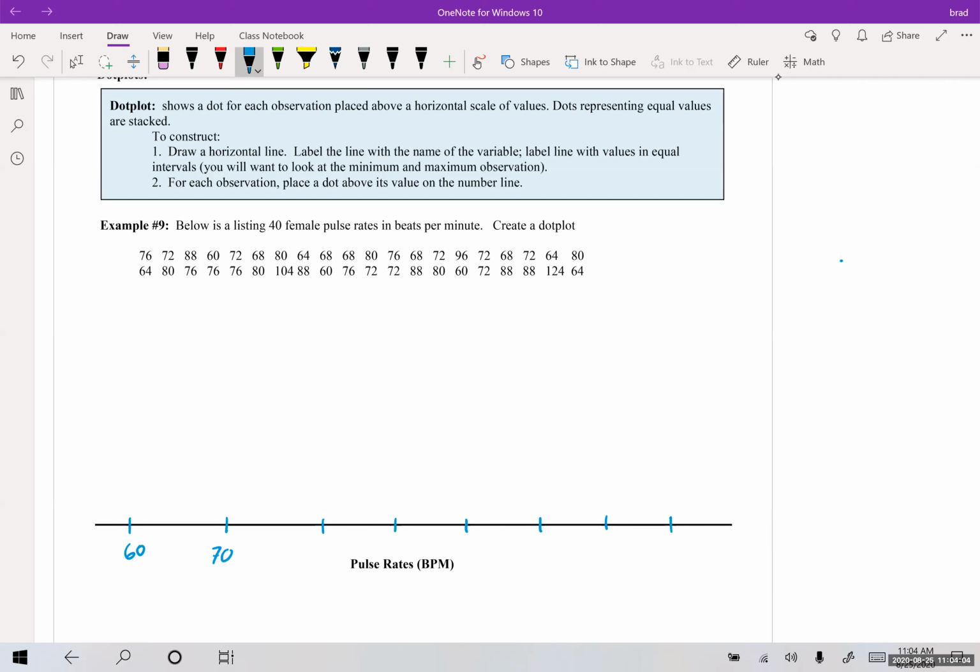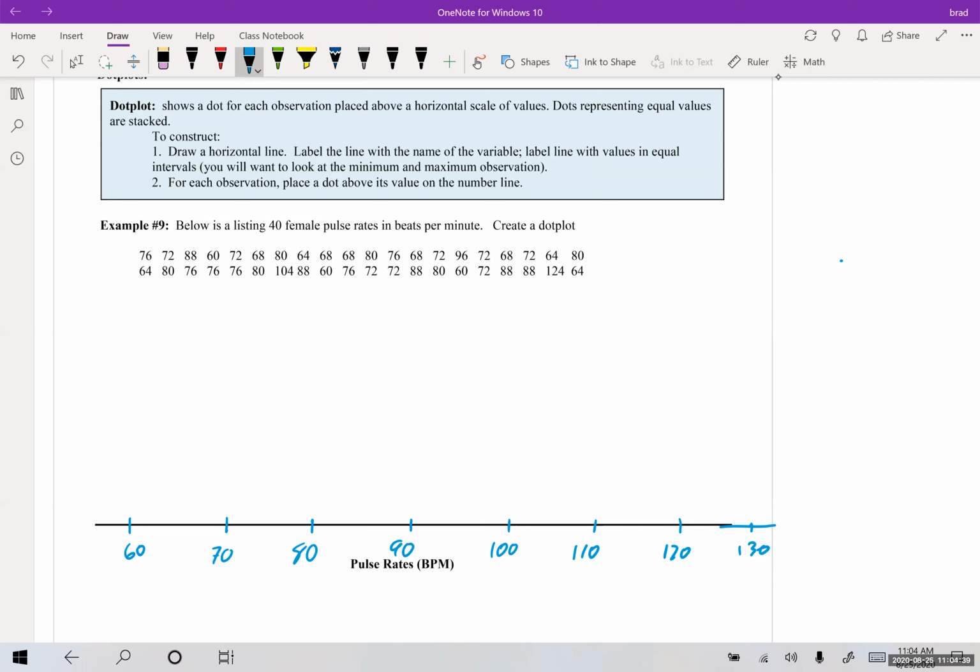And we shouldn't need any more than that. I think I spread it out too much in the beginning. Let's try to have it a little bit more equal. So 80, 90, 100, 110, 120, 130.